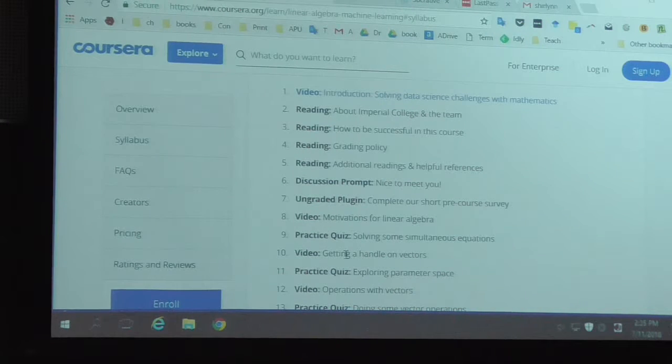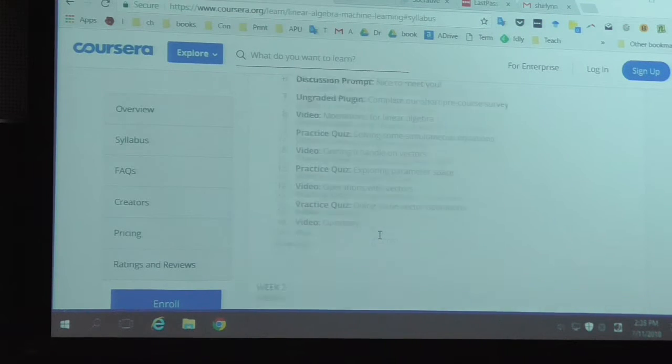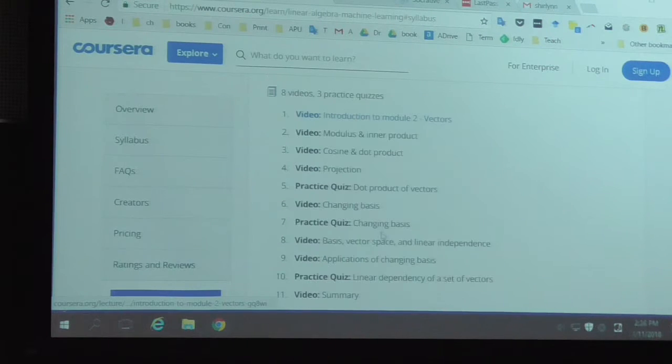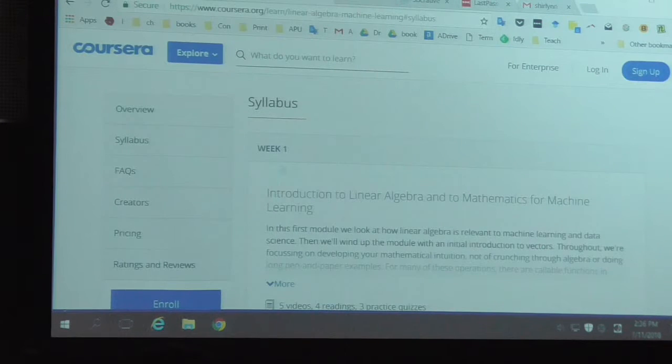Just a quick discussion of vectors and operations on vectors. Okay, this next week gets into some fun stuff, but you'll have to do that some other time. Okay, so for next week we'll have a quiz on this one.